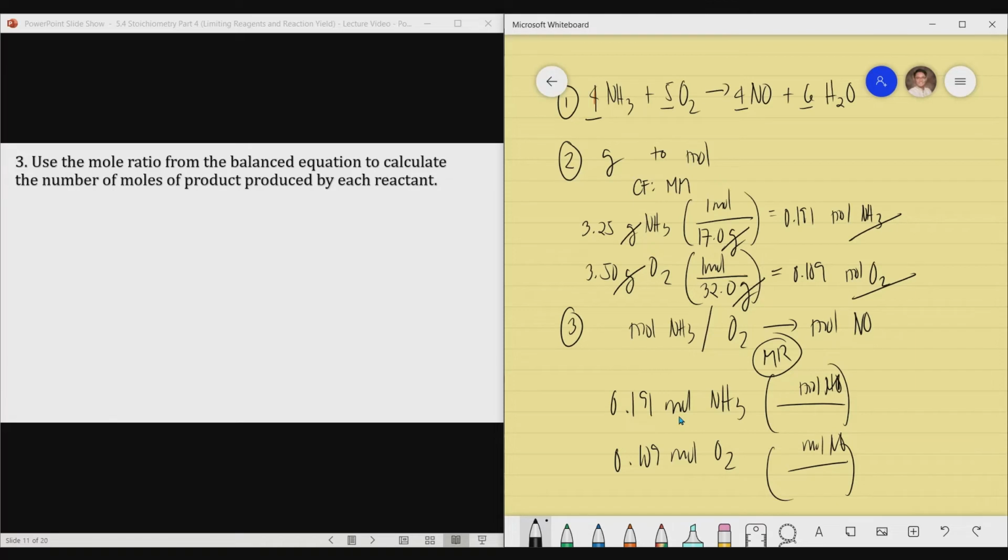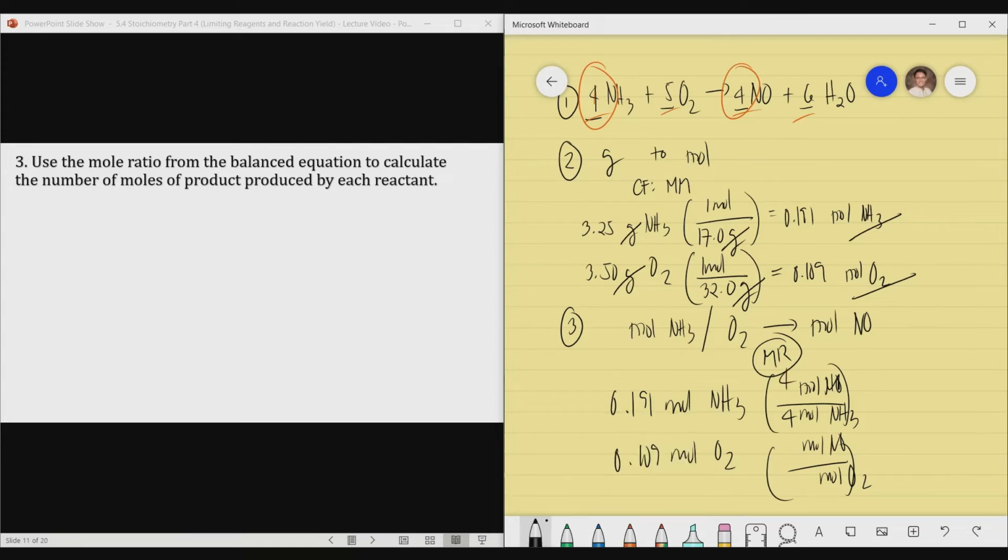And then the denominator itself, mole NH3, and then mole O2. So, mole ratio ang gagamitin. Saan tayo titingin? Dito po sa balanced chemical equation, sa mga numerical coefficient. So, ang NH3 natin ay 4. I'll be writing 4 at the denominator. And NO naman po, 4 din.